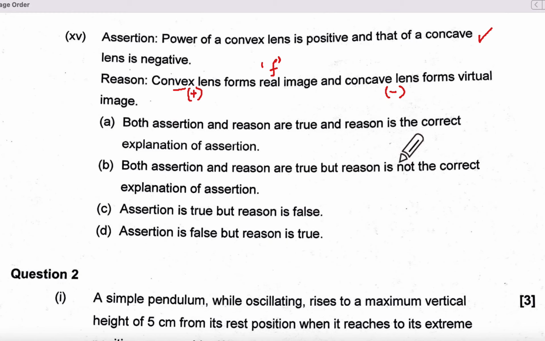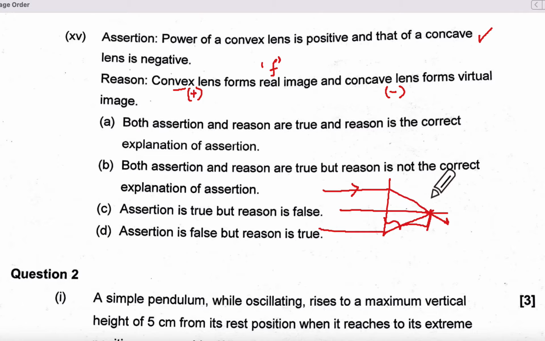Now some of you will say that ma'am we don't quite understand this. So see, if this is the lens and if this is the incident ray coming from infinity, it will converge this way and this is the focal length. So this is on the positive side. Remember, in front of the lens means it is negative, correct? Yes.